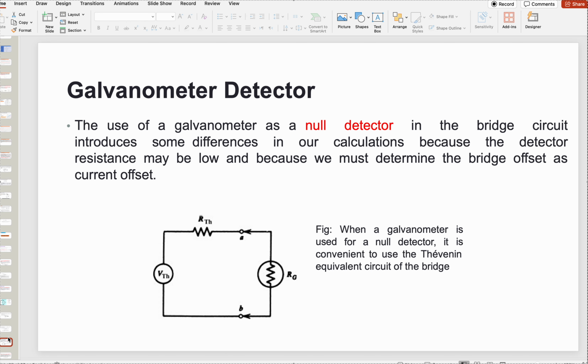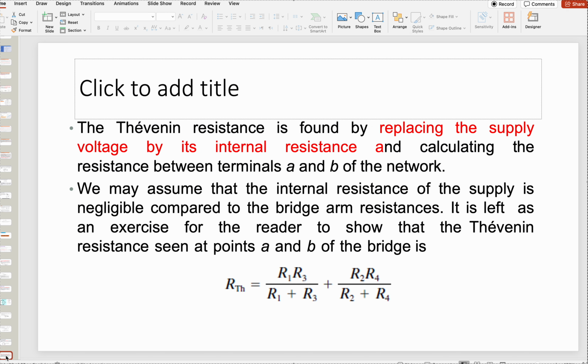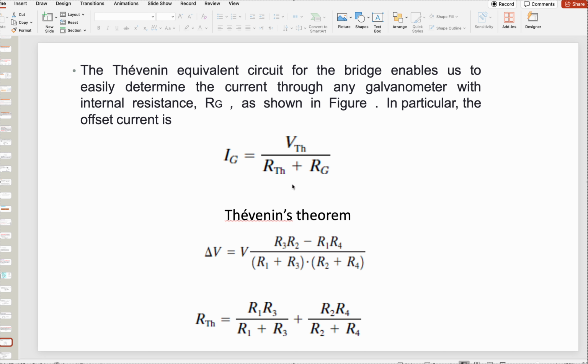And then we said that when you use a galvanometer, there's a resistance in that detector. The galvanometer detector has a resistance in it, and because it has a resistance in it, we need to consider that using the Thevenin resistance. This is how we calculate the Thevenin resistance, and based on that, if someone is asking about the current, we can calculate the current.